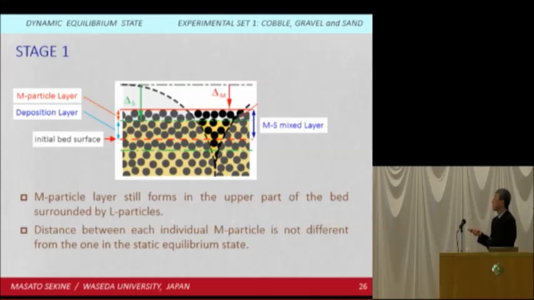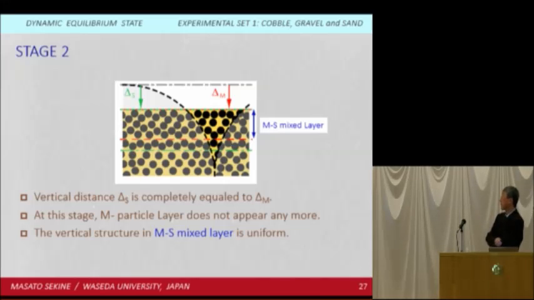At stage 1, the M particle layer still forms in the upper part of the bed here. And the distance between individual particles in this layer is not different from the one in the static equilibrium state. At stage 2, the vertical distance delta S is completely equal to delta M, and at this stage, the M particle layer does not appear anymore.